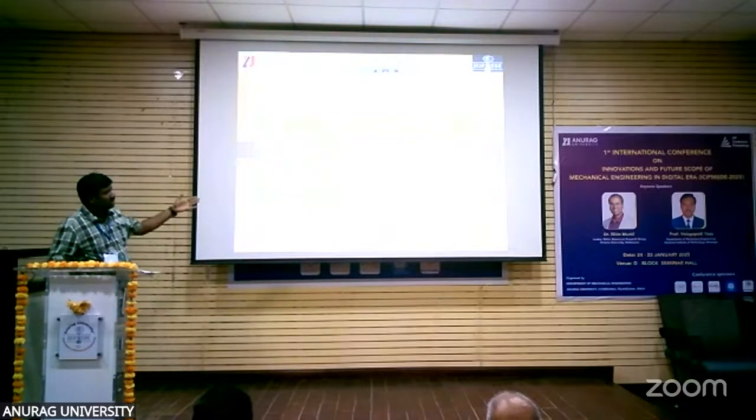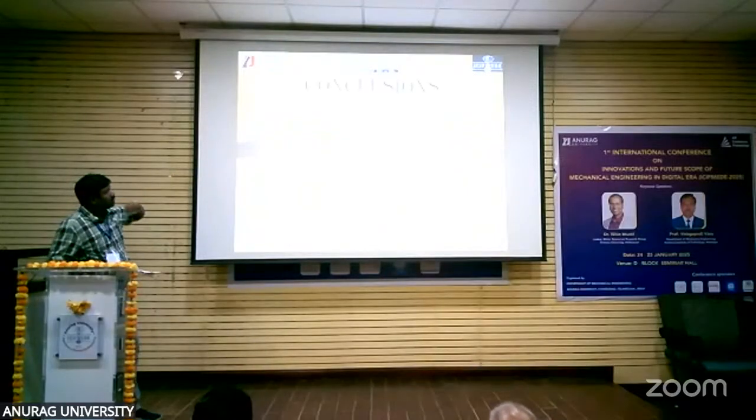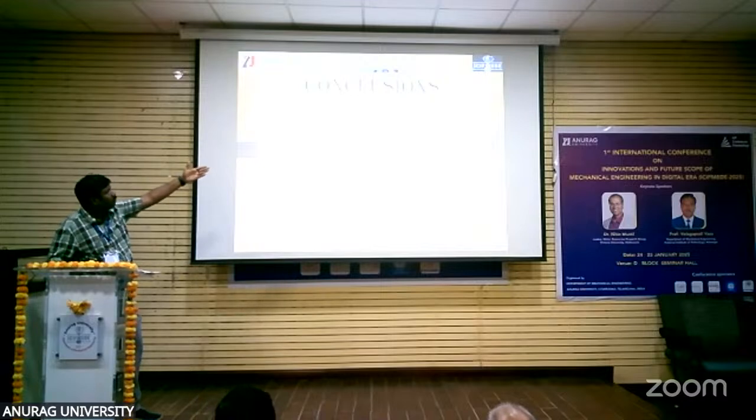So these are the graphs. By seeing this graph, we can say we have improved the hardness and toughness of the material. So these are the conclusions. Teakwood samples are taken from 2.5 moles, and they are subjected to thermochemical treatment at 100 degrees Celsius.